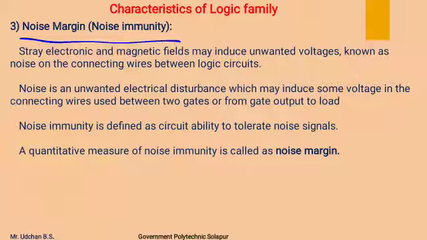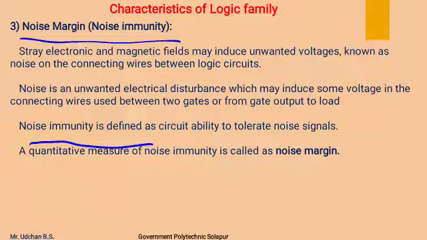Now, noise immunity is defined as the circuit's ability to tolerate noise signals. It means that even though noise gets introduced in a particular circuit, its output will not get affected by that much amount of noise, and this is called the noise immunity or tolerance of that circuit to the introduced noise.